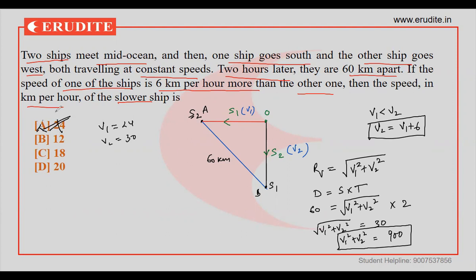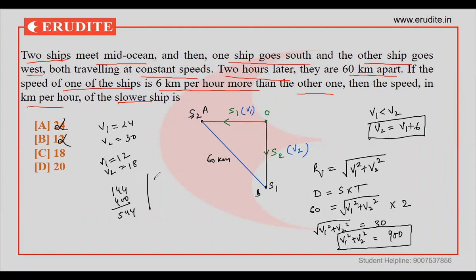This is out, right? This cannot be my answer. Now, if I'm checking 12, v1 is 12 and v2 will be 18. 12 square is 144, 18 square is 324, sum is 468, which is far lesser than 900. So this cannot be my answer.